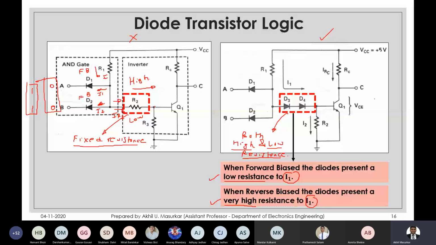Technically speaking, if you put a fixed value of R2, you cannot change it suddenly in between unless you use a device which can do that. That device is the diode, nothing else, because the diode has characteristics like this. Here you will get low resistance, and in the reverse bias you will get a high resistance. So we use the property of the diode to do that.